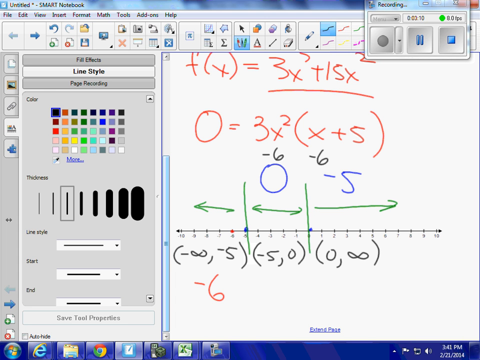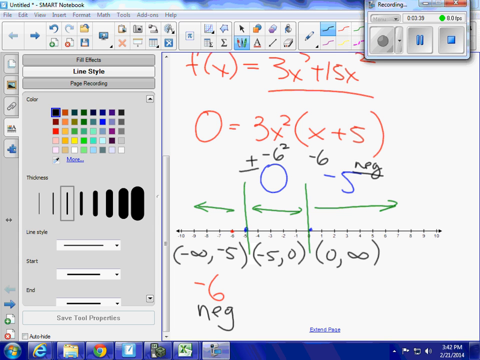Well, negative 6 squared is going to be a positive number, and when I multiply it by 3, it's going to stay positive. But over here, negative 6 plus 5 is going to be a negative number. A negative number times a positive number is going to give me a negative number. So every number in that interval from negative infinity to negative 5 is going to be negative.